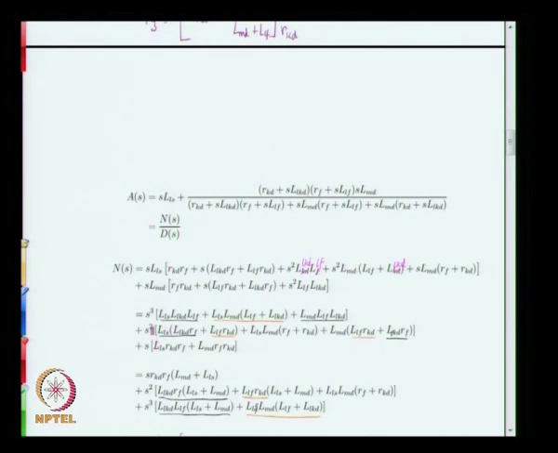And then we go to the s square terms. S square terms come from the product of s terms here and this one also, and then this s square will also give another s square. So s square gives LLS multiplied by LLKD RF, that is here, LLF into RKD, that comes here, and then you have this one LMD multiplying LLS, that is here, multiplied by your RF plus RKD, so that comes over here, and then the third s square term comes from this part, LMD multiplying LLF RKD and LLKD and RF.